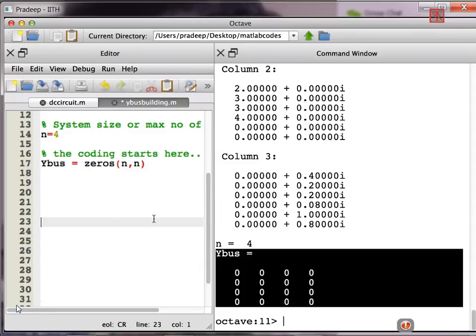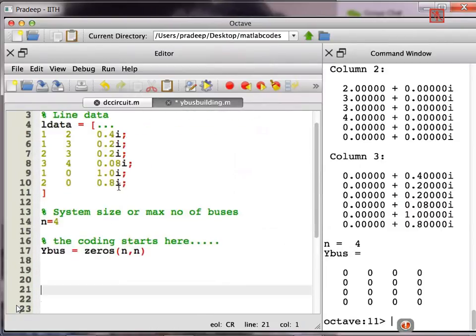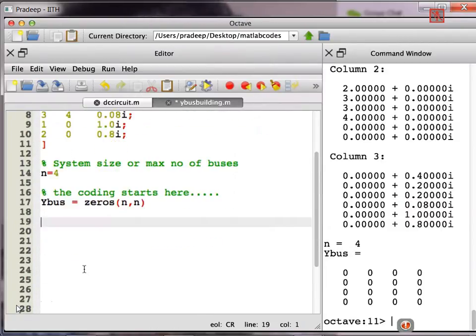So what I'll do here, you see, for x equal to 1 to length of line data.